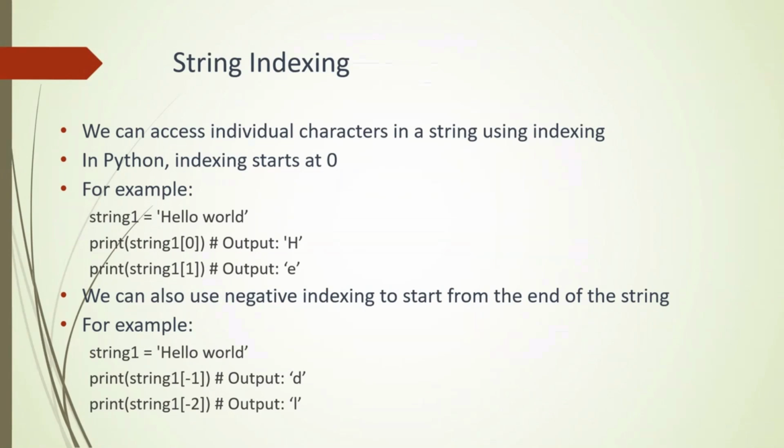For example, if you wanted to print out the last character, which is d, then we have to say print string 1, and inside the square brackets, we have -1. That will give you d. If you want to print the second to last character, then you have to use -2, and the output will be l. String indexing is a useful tool for accessing individual characters within a string.